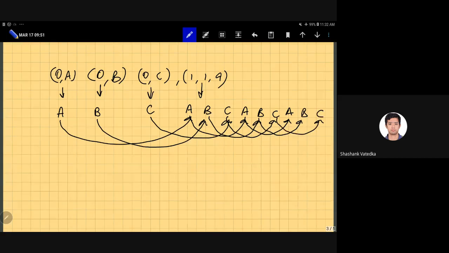So this is how we would decode the string, given that this is the encoding. You start with that particular location, and then you go along. All right. Any questions?